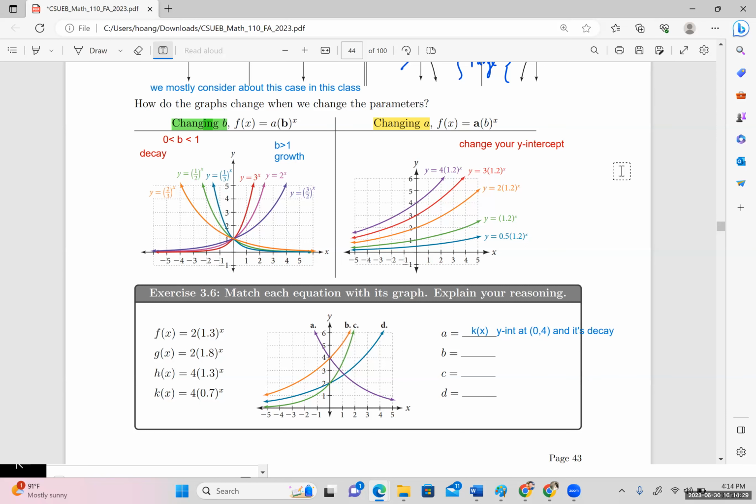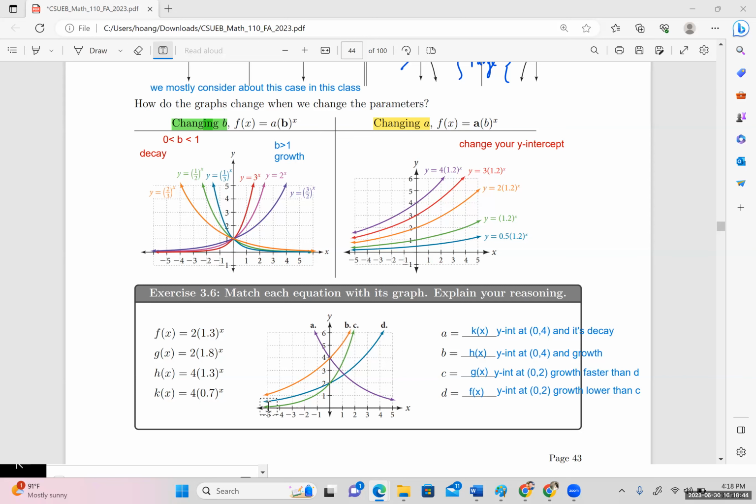You can pause my video and replay to compare with my answer. So this is my solution, and you can see I should have a first because it was decay and goes through the y-intercept at 0, 4.